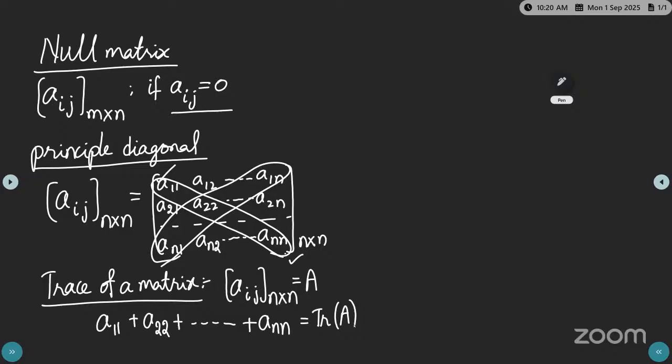You may write this as sigma i equals 1 to n, Aii.